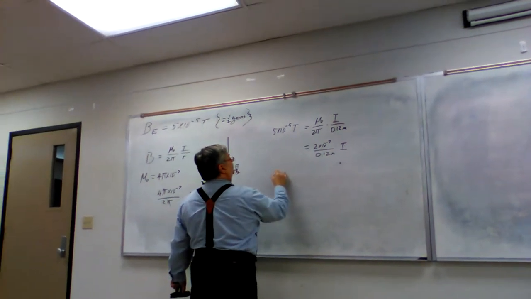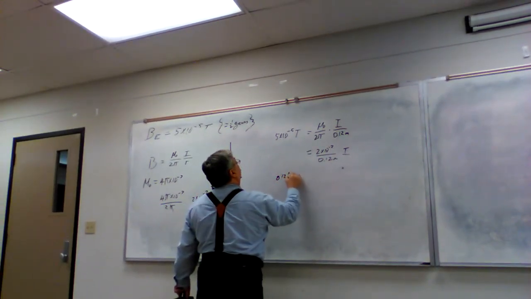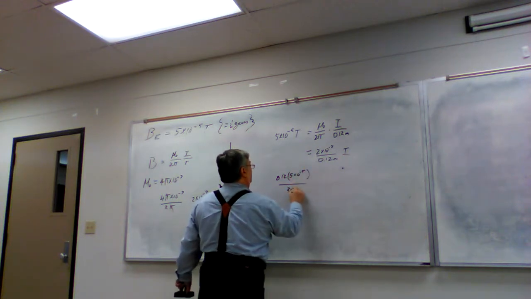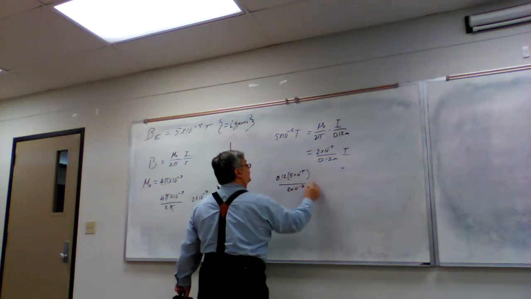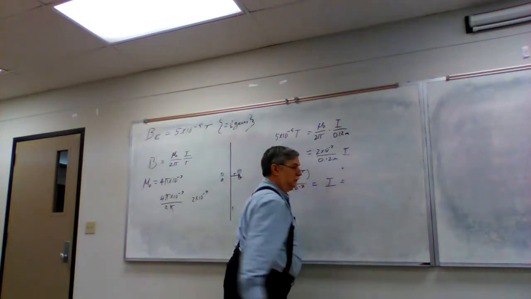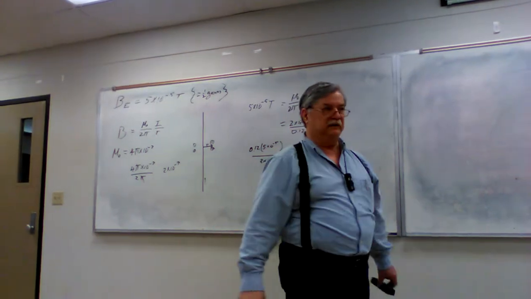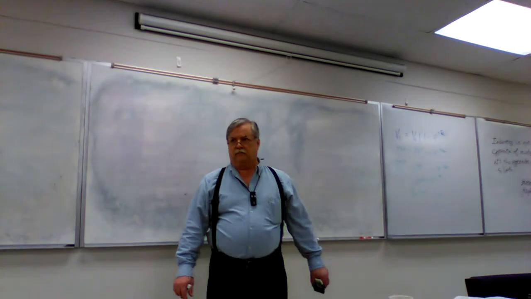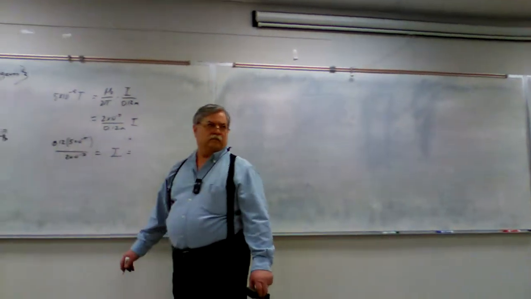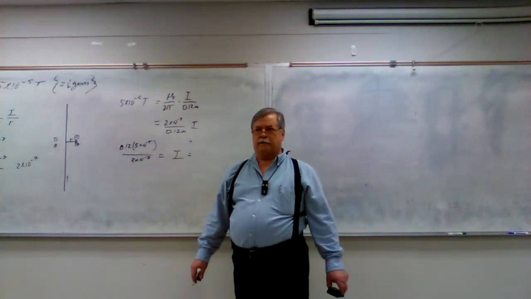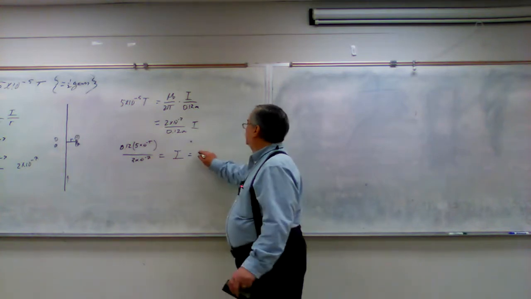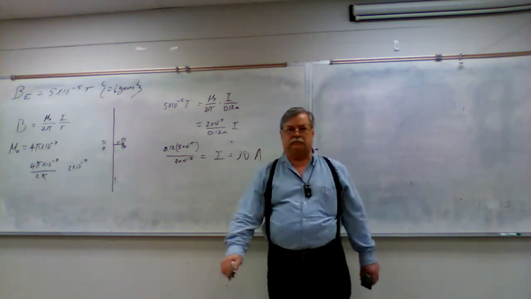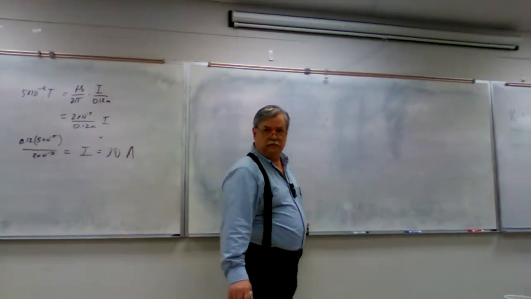Solve for I, we get 0.12 times 5 times 10 to the minus 5 divided by 2 times 10 to the minus 7 equals I. Somebody with a calculator do the arithmetic, please. 30 amps. Is that the answer you'd gotten?